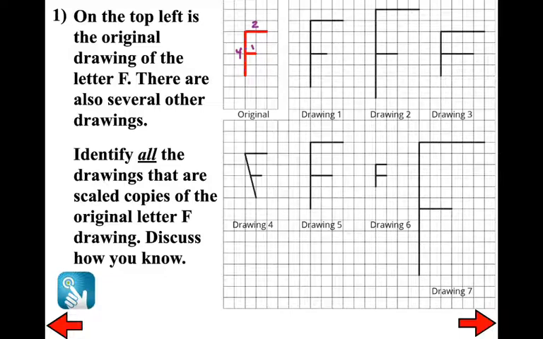So let's go with drawing number 1. This part is 3. This part is 1.5. 1, 2, 3, 4, 5, 6. This is 6. So this one looks like it might be, but the question is, what would the scale factor be if that is the case?